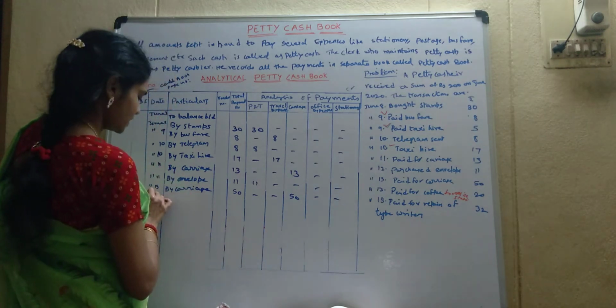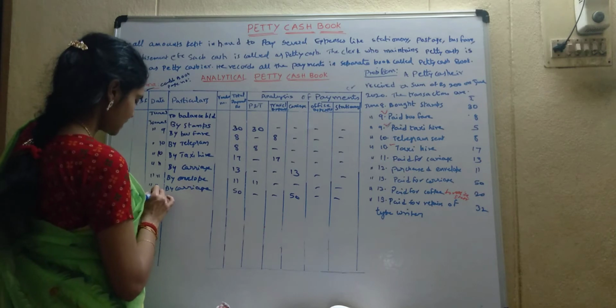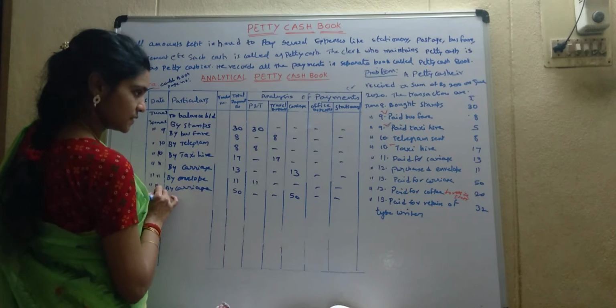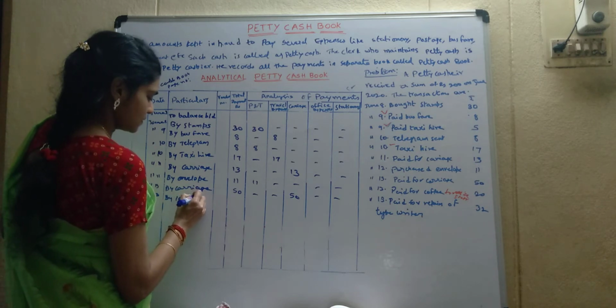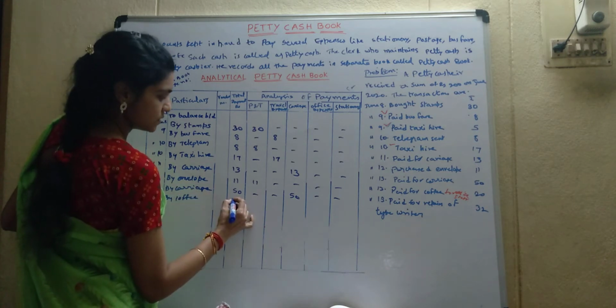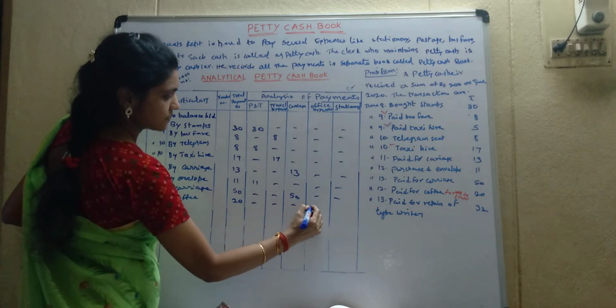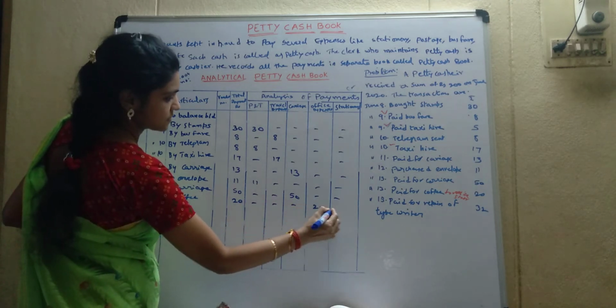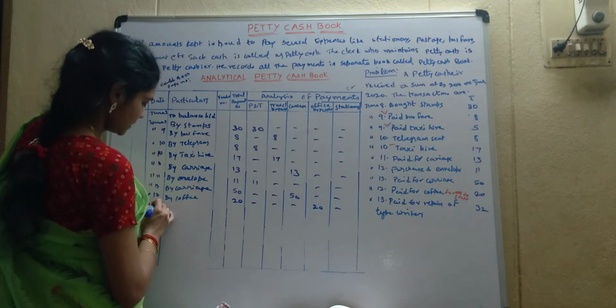And coming to the next, paid coffee expenses, that is on the 13th. By coffee, what's the amount? 20. It comes under office expenses. And coming to the next one, the 13th.